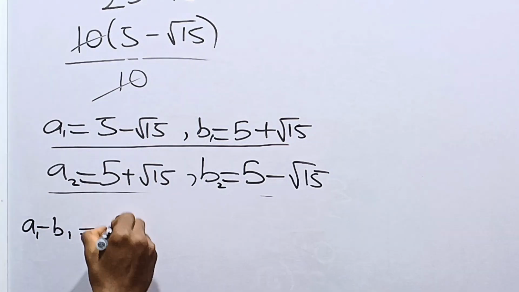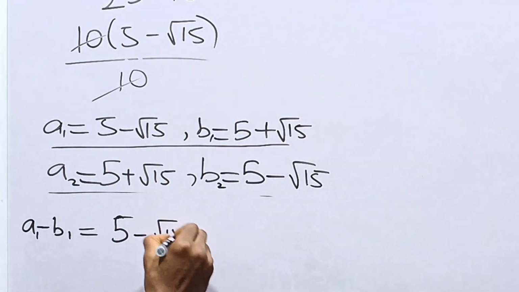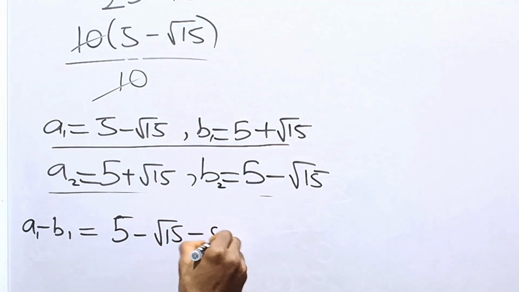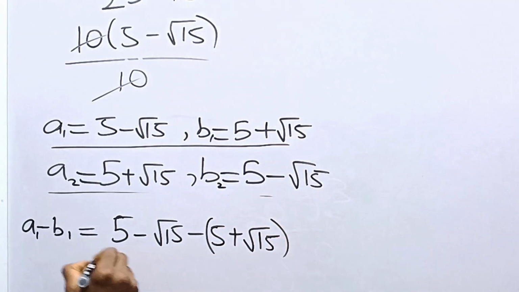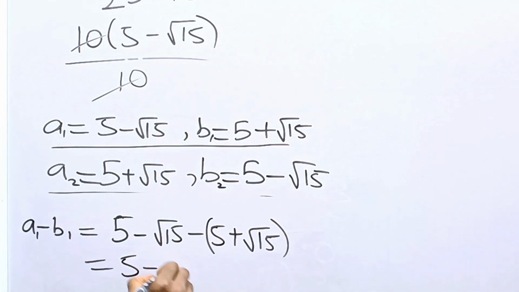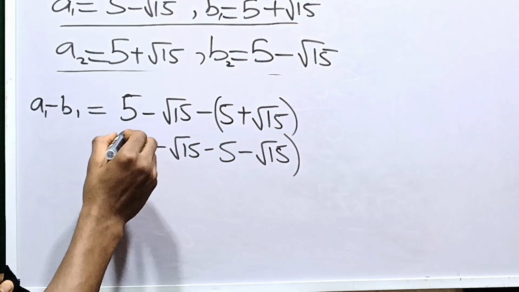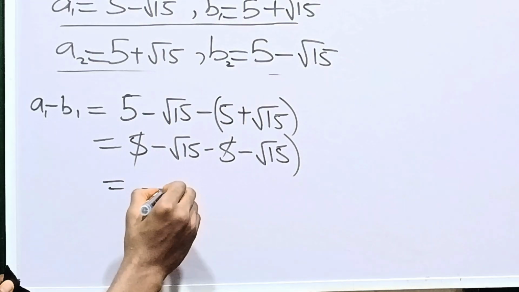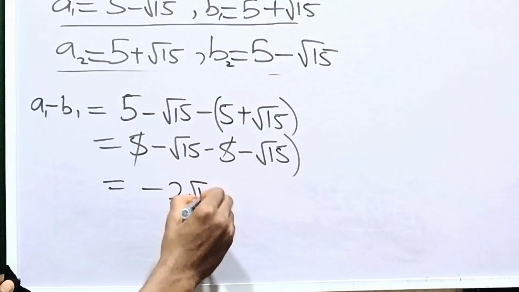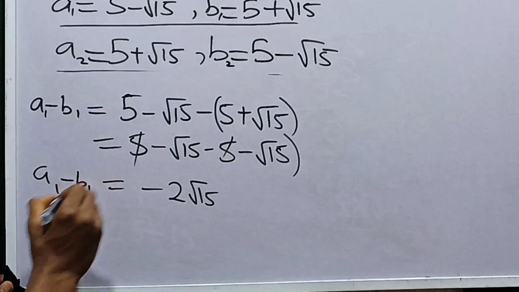So we have 5 minus root of 15 minus 5 plus root of 15. This is equal to 5 minus root of 15 minus 5 minus root of 15. 5 will take 5, so that we have this to be equal to negative 2 root 15. So this is a1 minus b1.